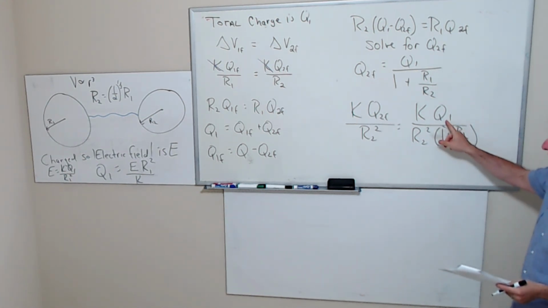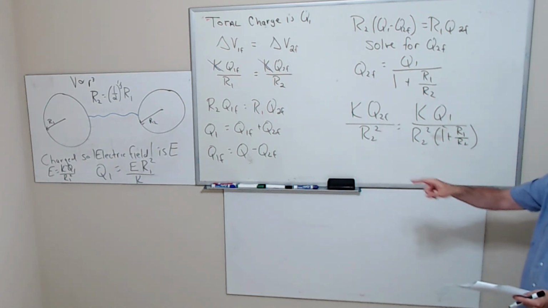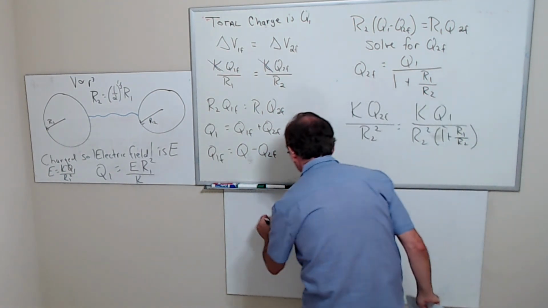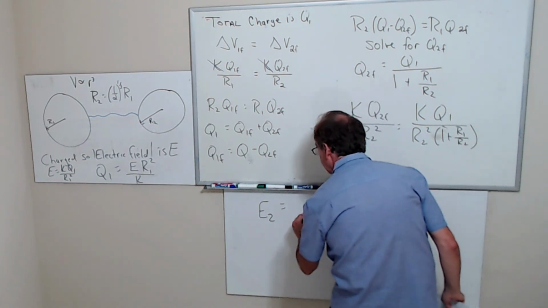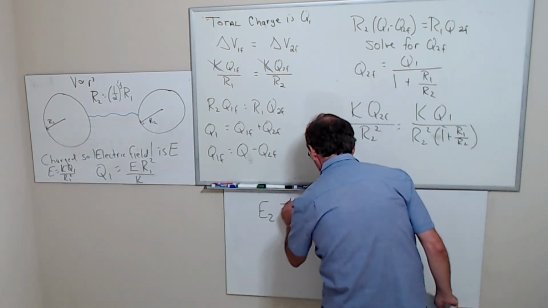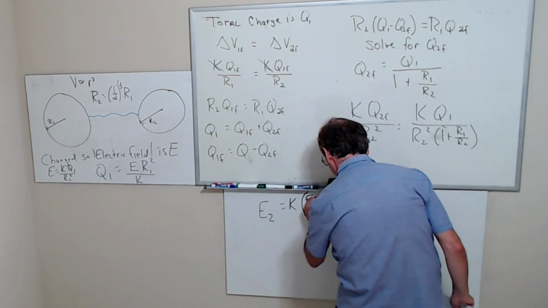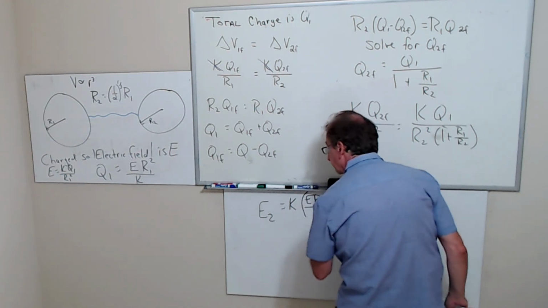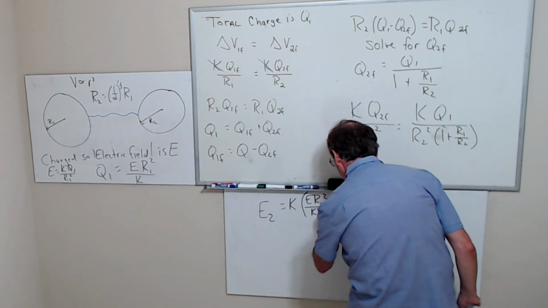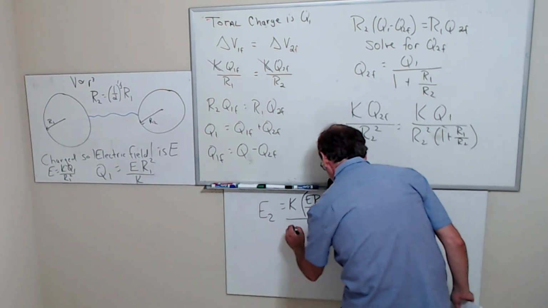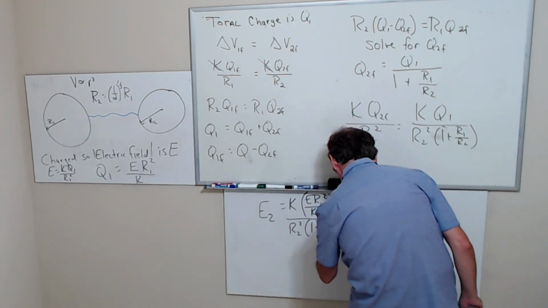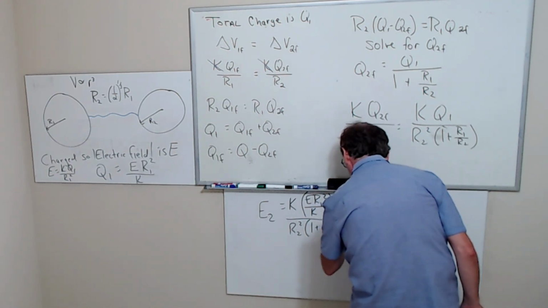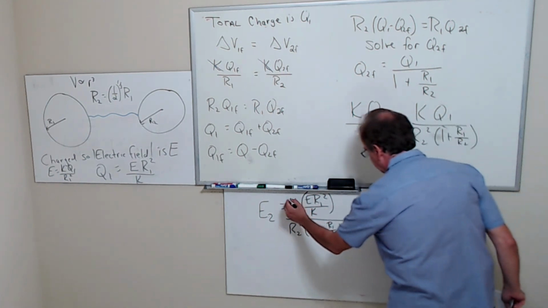But I want to write Q1 in terms of E. These K's cancel.